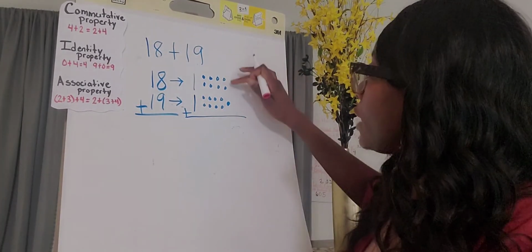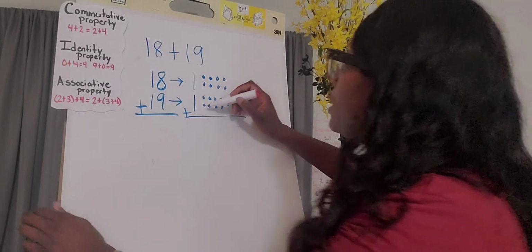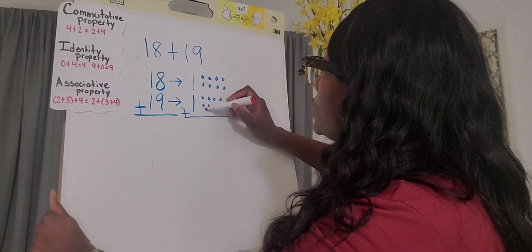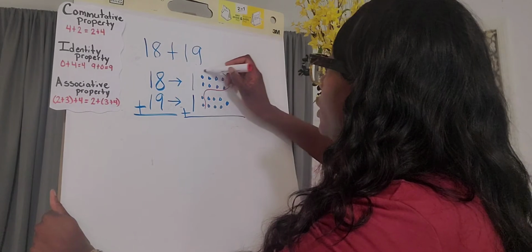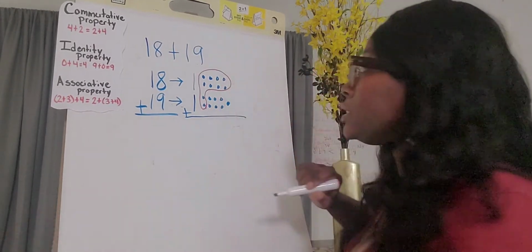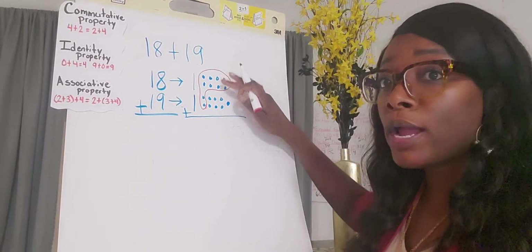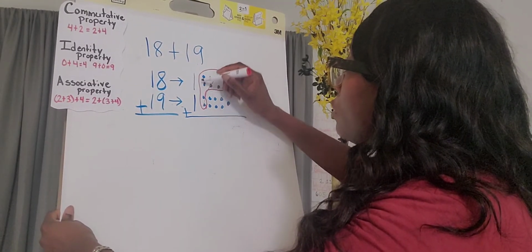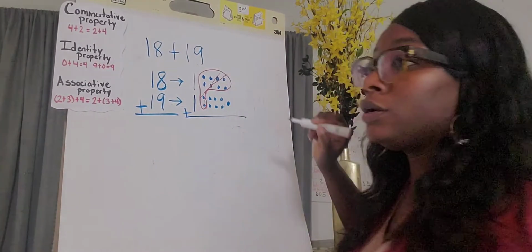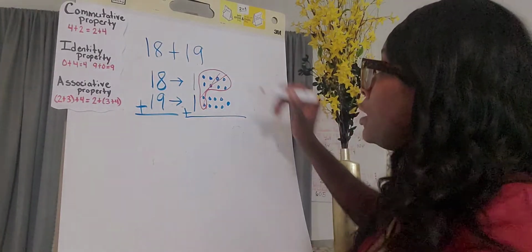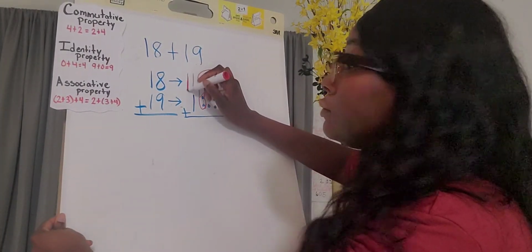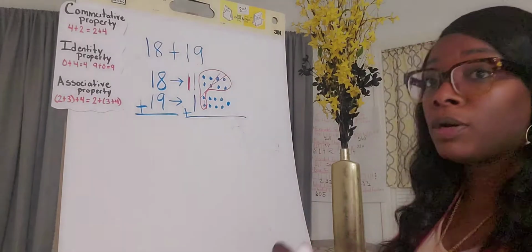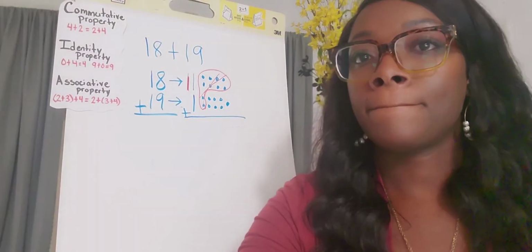All right, so I have 8 here, 9, 10. So I'm going to circle those 10 1 units. And guess what? They go away from the ones because I'm trading in those 10 1 units. I'm trading those in for a 10 rod. So I'm going to trade those in right there.